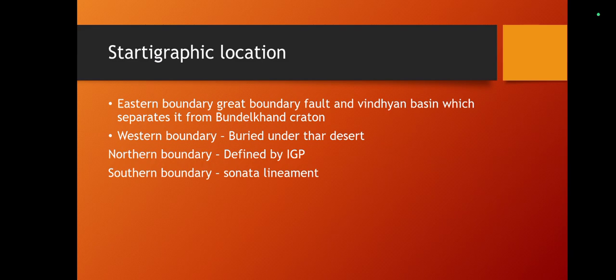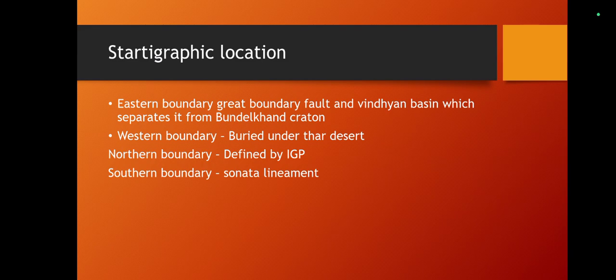Its stratigraphic location is the eastern boundary. Its eastern boundary is demarcated by the Great Boundary Fault, which is very important and can be asked in the examination and in objective type questions. It may be asked what is the eastern boundary of Arravalli craton.